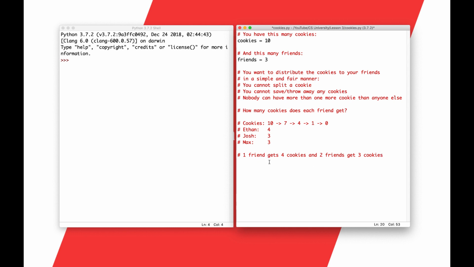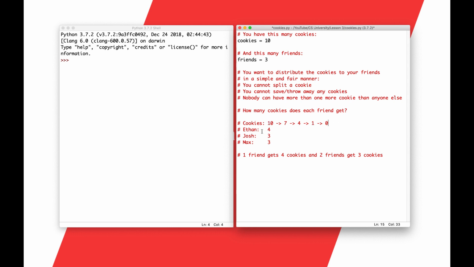And so how do we figure this out? Well, what did we do exactly? We basically kept giving out cookies one at a time until we didn't have enough cookies left to give out. There's 3 friends, right? So we subtracted 3, and then we said, okay, now we have to stop. We can't subtract 3 anymore, right?